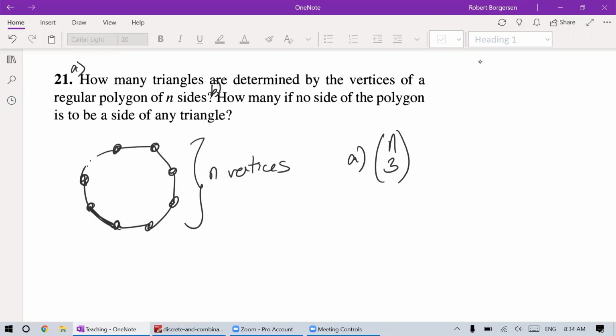The second one, though, part B, is how many if no side of the polygon is to be the side of any triangle. Okay, so in other words, the triangles I'm counting do not include that one. That is now no longer a valid triangle. That one includes a side that's on the polygon, but this one's good.